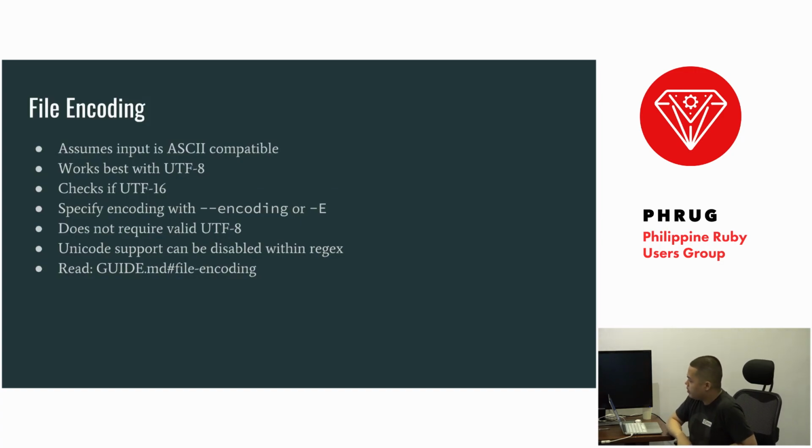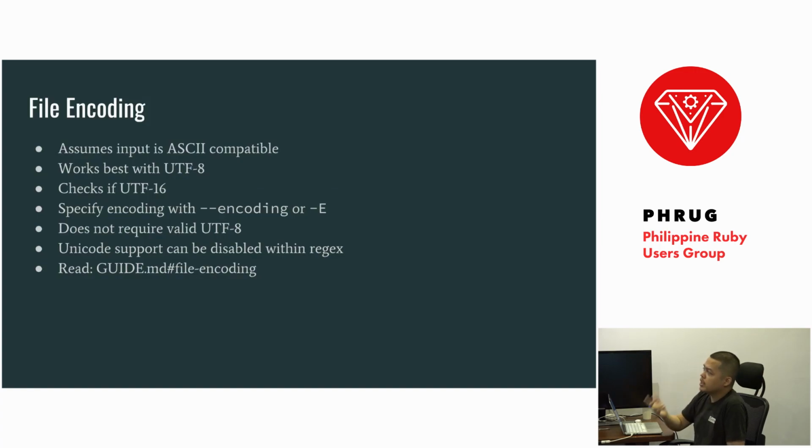So this is about file encoding. Character encoding is a complex topic, so I won't be discussing it in detail. We can discuss after the talk later if you're interested, but I'll just try to briefly describe how ripgrep works with regards to file encoding.